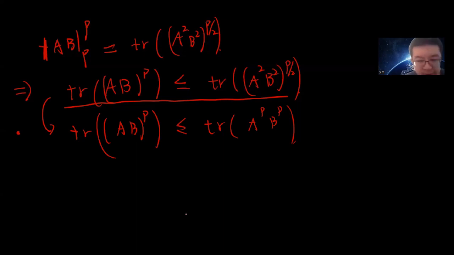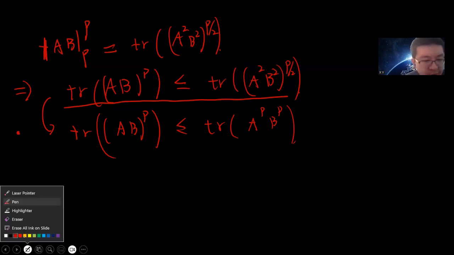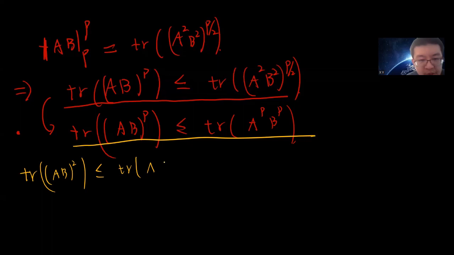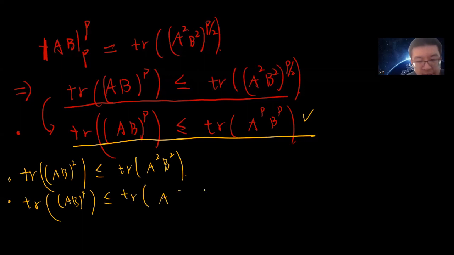Maybe it's hard to understand, so let me just do a very simple example. Let's say I want to compute the trace of (AB) squared. By the previous inequality, it is bounded by the trace of A squared, B squared, which is exactly this one. If I want to compute the trace of (AB) to the fourth, I can say that this is bounded by the trace of (A² B²) squared, by using this inequality.